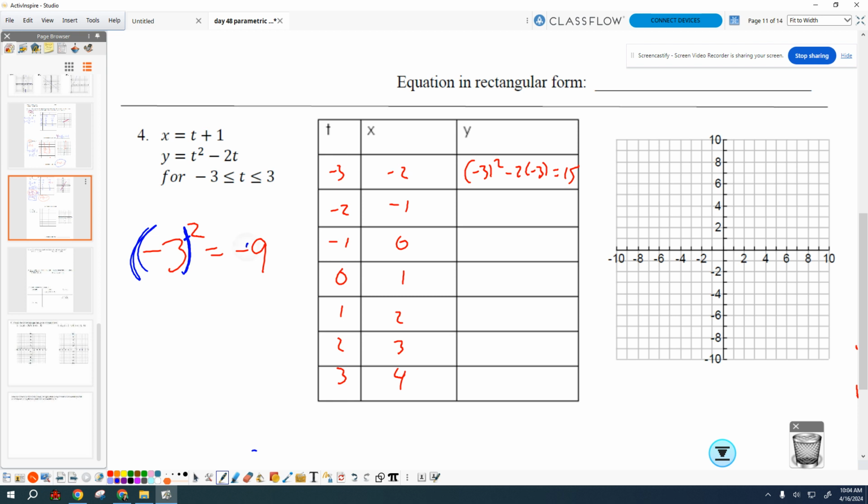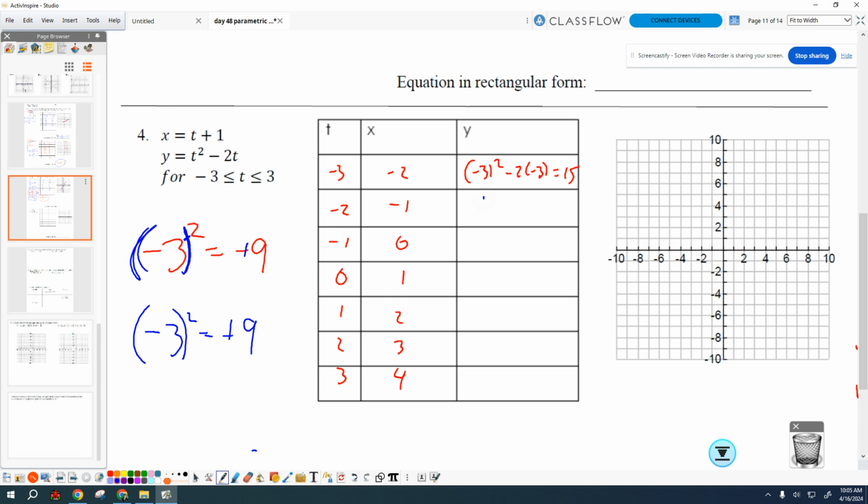Without parentheses, it will tell you that's 3 squared with a negative on it, -9. You need to keep the parentheses around it to get a positive.